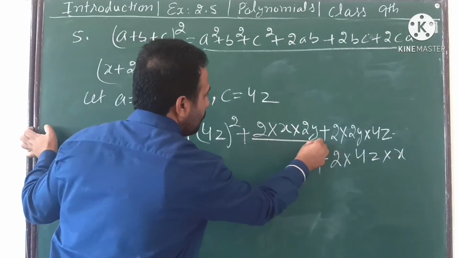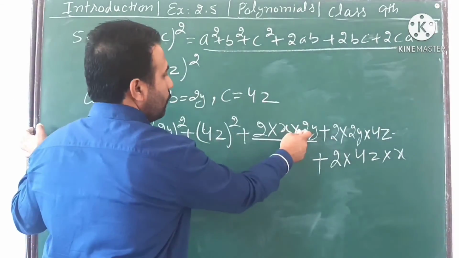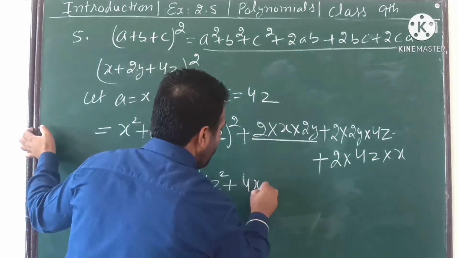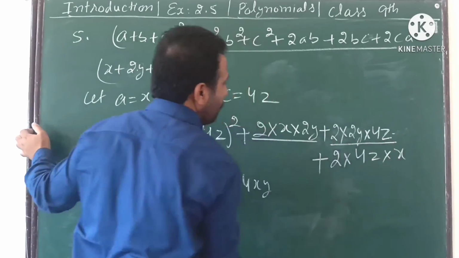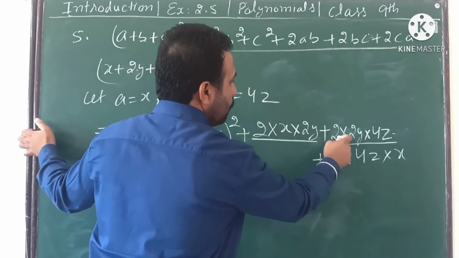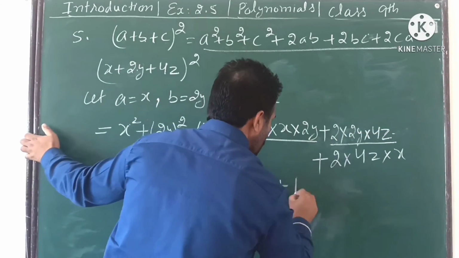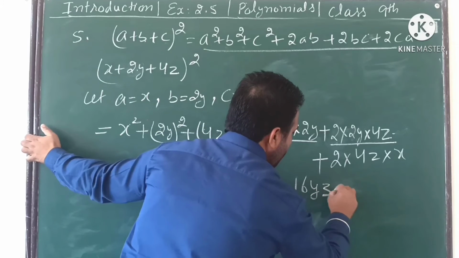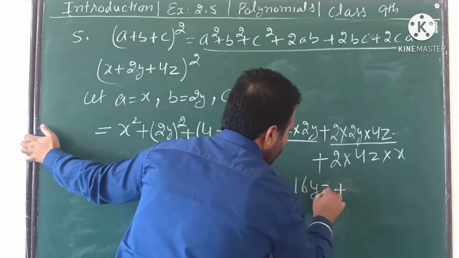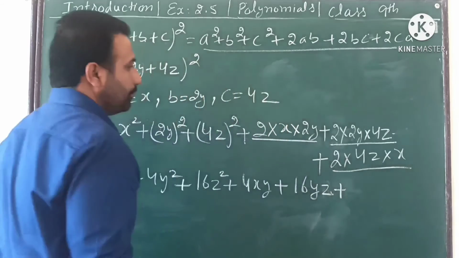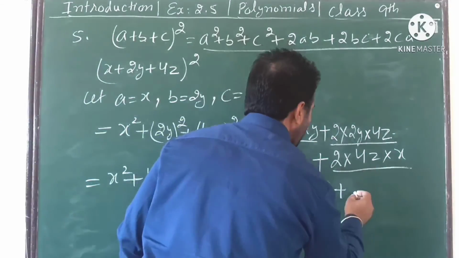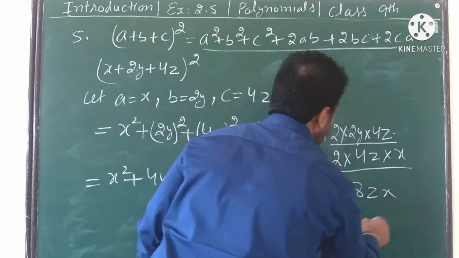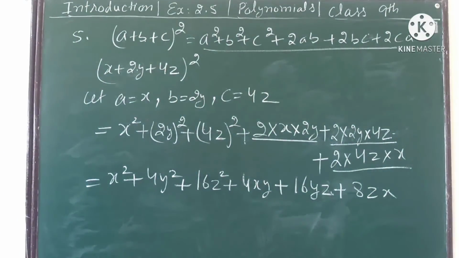Okay, now we will multiply this number. 2 2 are 4 xy, 4xy, then these two number 2 2 are 4, 4 4 are 16, yz plus, now we will multiply this term, that is 2 4 are 8 zx. Okay, this is our answer.